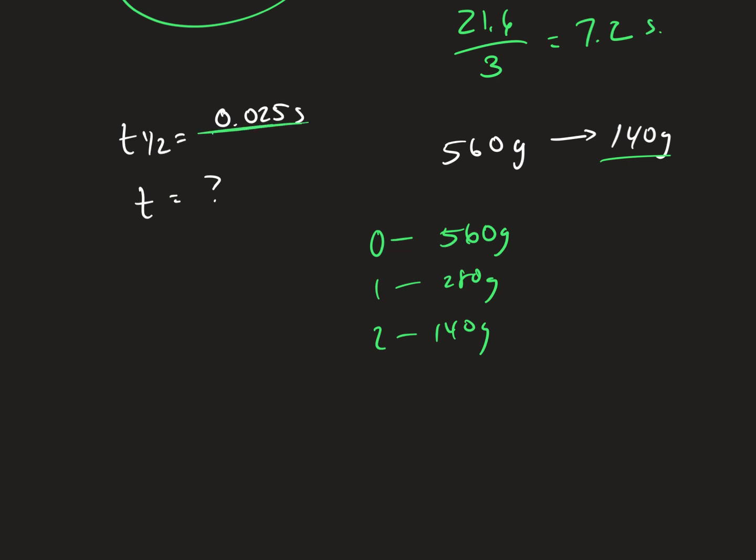What's our total time? 0.025 multiplied by 2. And that's going to give us a total time of 0.05 seconds. Good? So that's 2 examples of 2 different things that I could be asking for. Let's do another one.